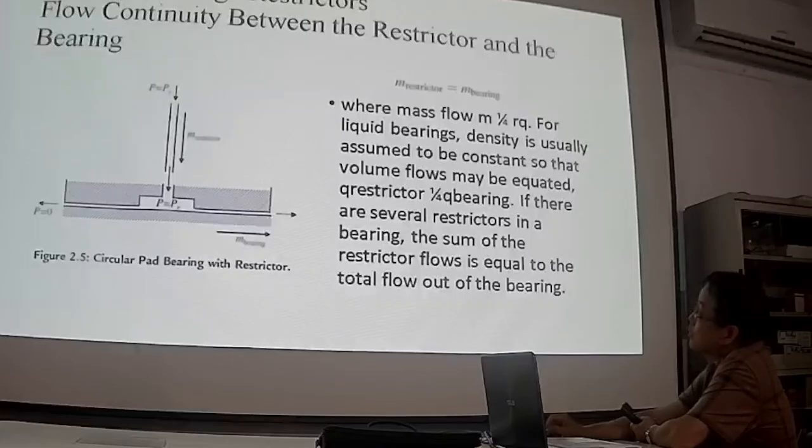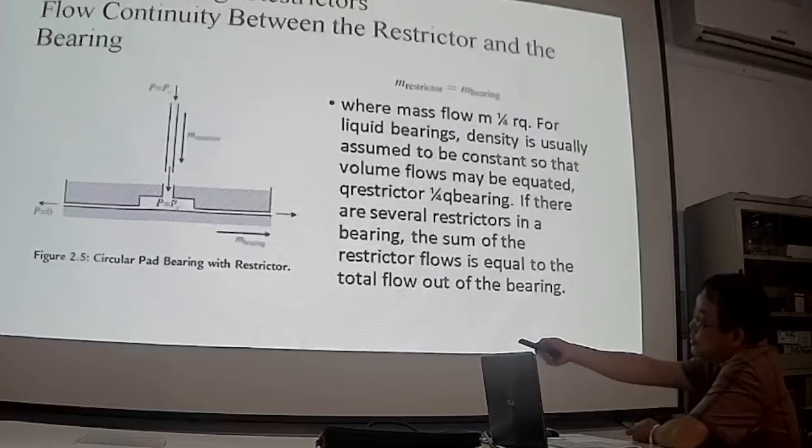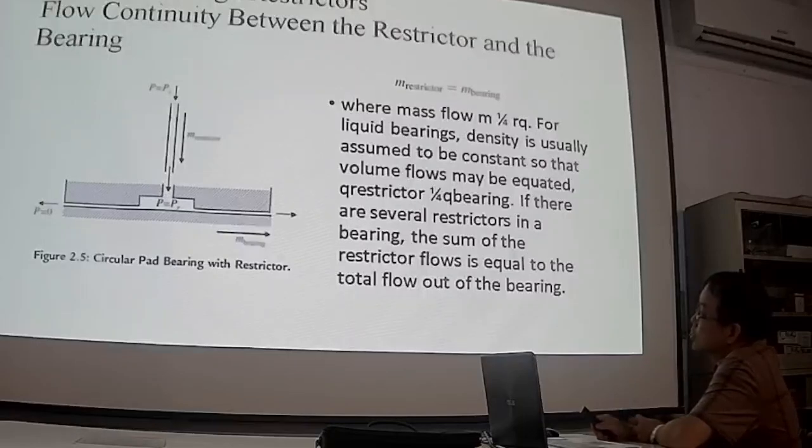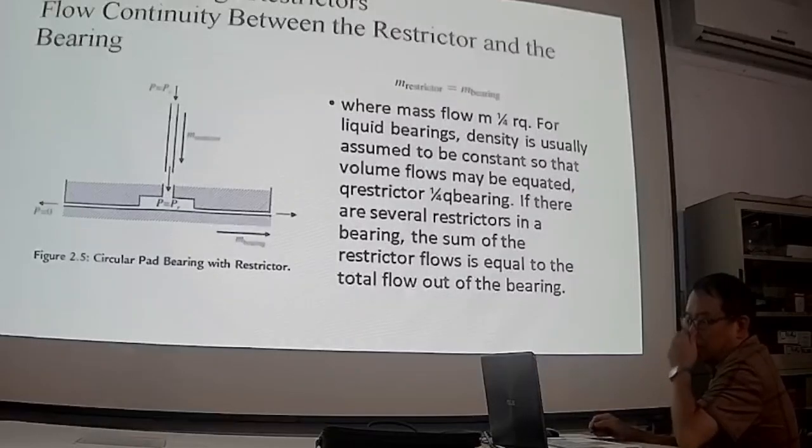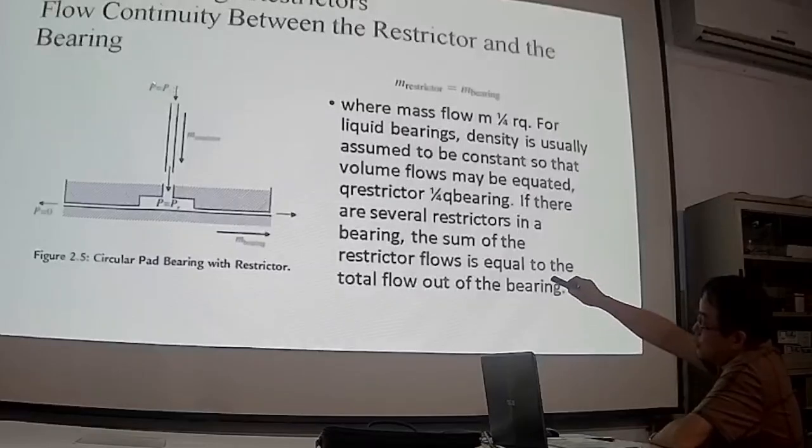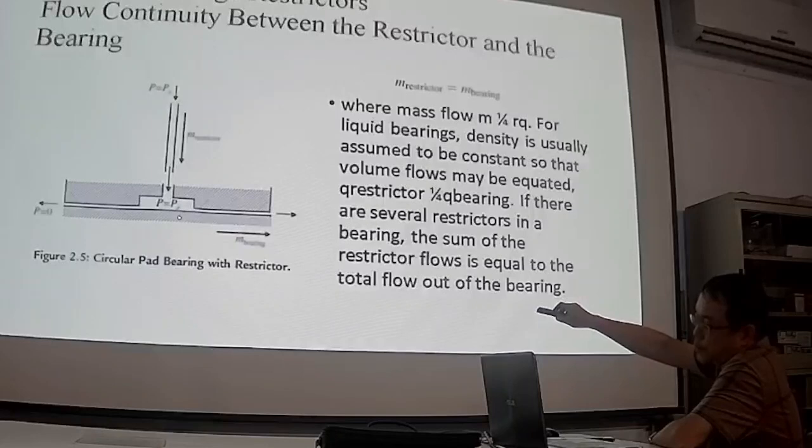So we have some cases. If you combine the restrictor design here, we have the supply pressure PS upstream and downstream the recess pressure PR.